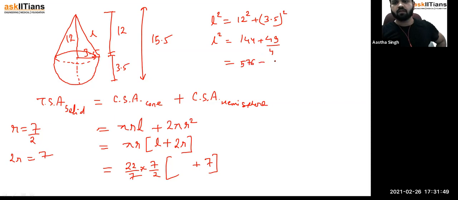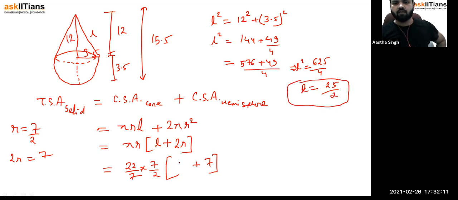So 576 plus 49 by 4 will be equal to 625 by 4. So your L square is equal to 625 by 4. So L will be equal to 25 by 2. Right or not? So L will be equal to 25 by 2.